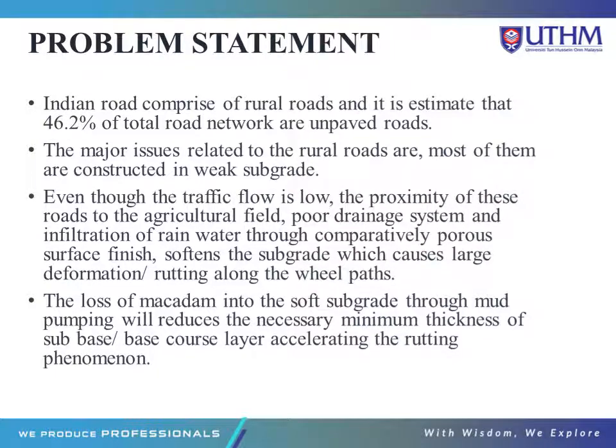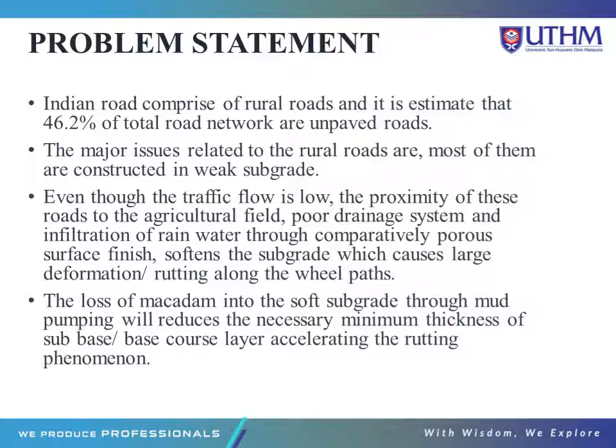In this study, the problem statement is Indian roads comprise rural roads, and it is estimated that 46.2% of the total road network are unpaved roads. Next, the major issue related to the rural road is that most of them are constructed on weak subgrade.